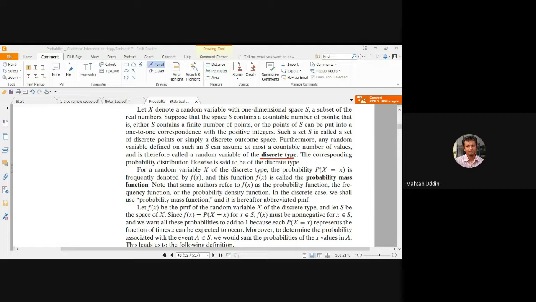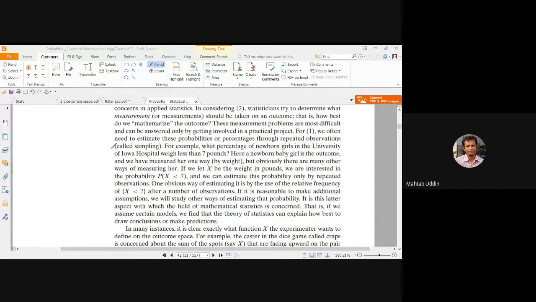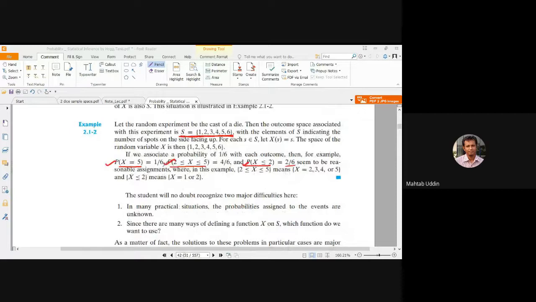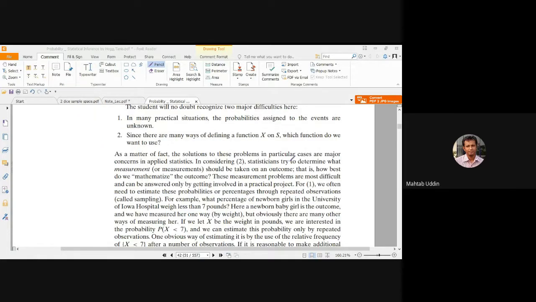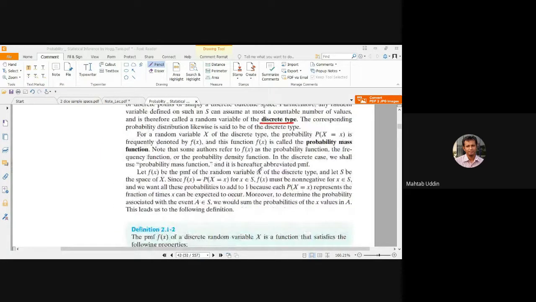But in chapter 2, we'll study the discrete type only. Sometimes you can see the probabilities are given with certain definite outcomes. The events are described and we are getting the probabilities directly. But sometimes the probabilities are not given, but a function is given, like f(x) equal to something.